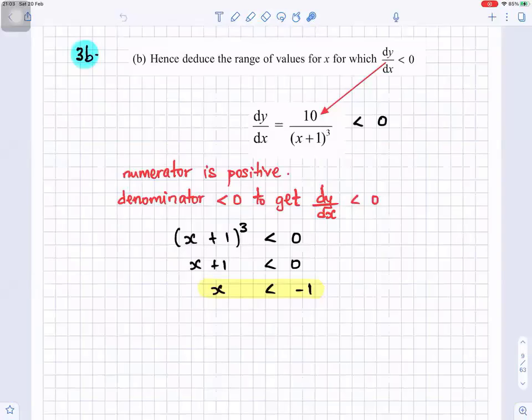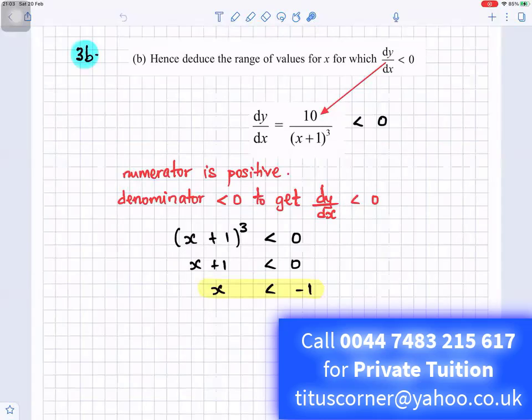For 3b, it says, hence, deduce the range of values for x for which dy over dx is less than 0. So instead of dy over dx, we're going to put 10 over (x plus 1) all cubed is less than 0. So the numerator is 10, which is a positive number. We cannot change anything with that.